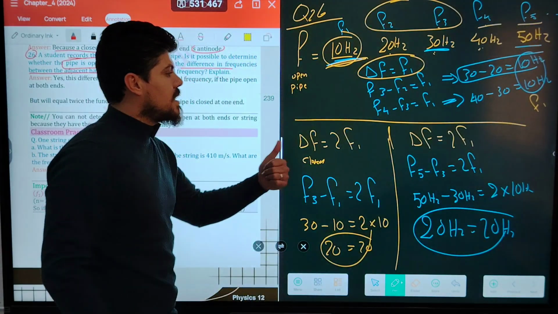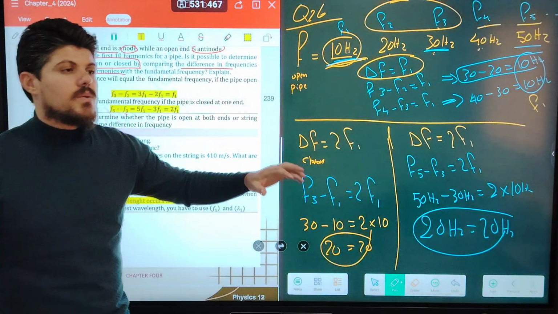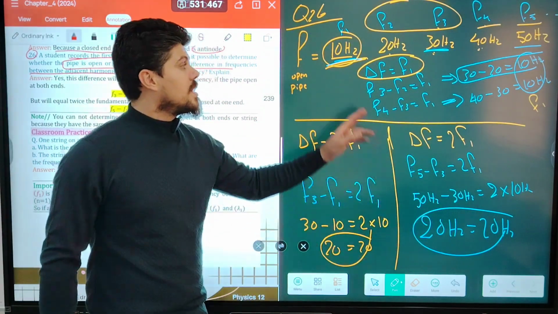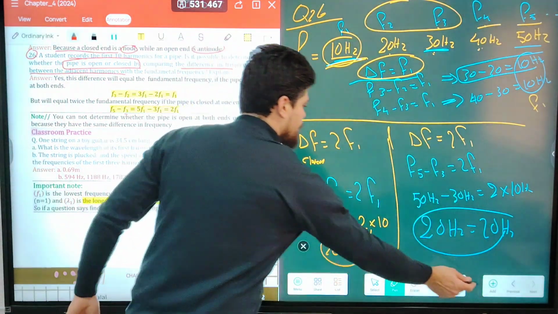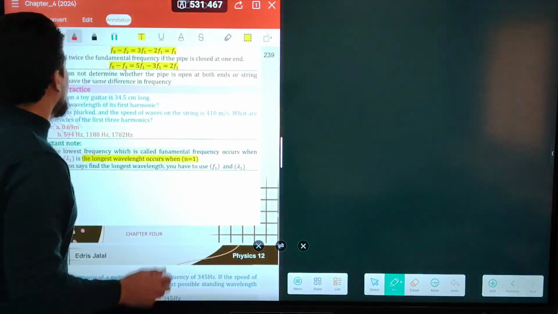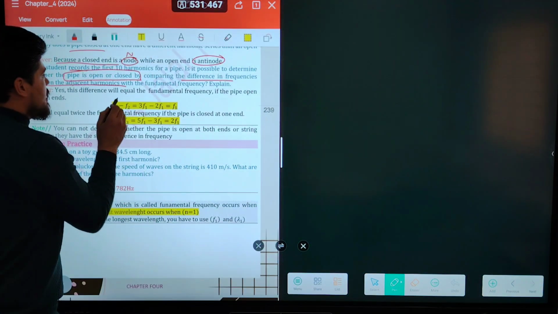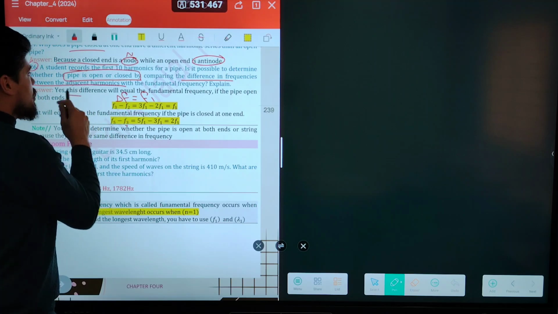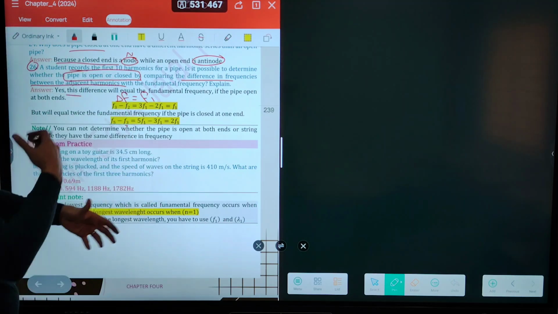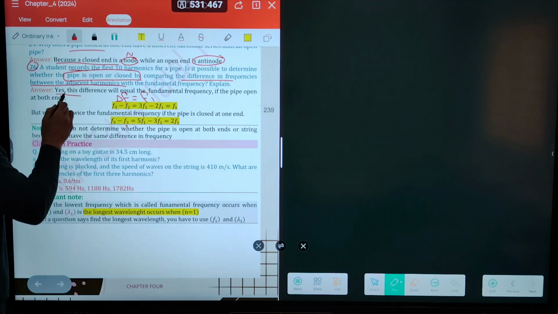When is delta F equal to 2F1? When the pipe is closed. When is delta F equal to F1? When the pipe is open at both ends. When the difference in frequency, delta F, is equal to F1, can we determine whether the pipe is closed or open? Yes, the answer is yes.